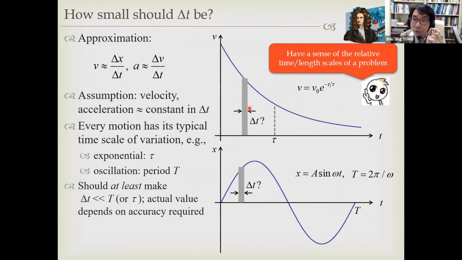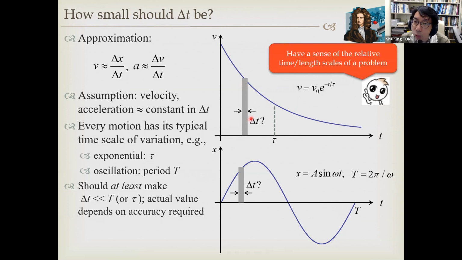So that is a time for the velocity to change substantially. In order for the velocity not to change much over the time interval delta t, you have to choose the delta t to be much smaller than this time scale tau. At tau you have a substantial change, and if you choose a delta t much smaller than tau, the change is negligible. That is a suitable delta t.